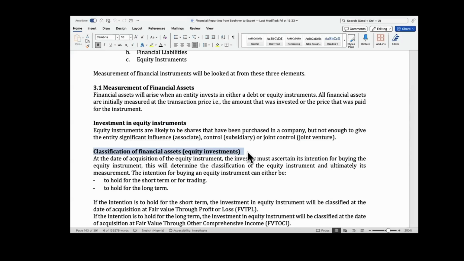So when you want to measure or account for an equity instrument, immediately you buy it, you need to be thinking of how to classify it. The reason this is coming up is because there are different reasons why you would buy shares. Unlike PPE, for example, if somebody buys air conditioning, everybody knows why you have bought it.